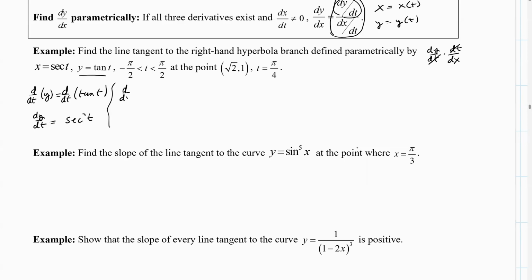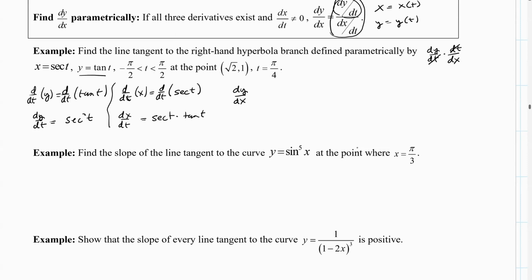Let's take the derivative with respect to t of the x equation. Taking the derivative of both sides, this is dx/dt, and the derivative of secant is secant t tangent t.